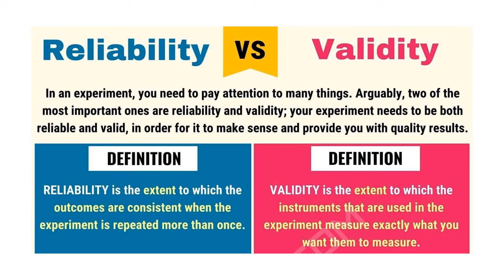So reliability is the extent to which the outcomes are consistent when the experiment is repeated more than once or when the measurement tool is repeated more than once. Validity is the extent to which the instruments that are used in your experiment measure exactly what you want them to measure. So let's tease these out a little bit.